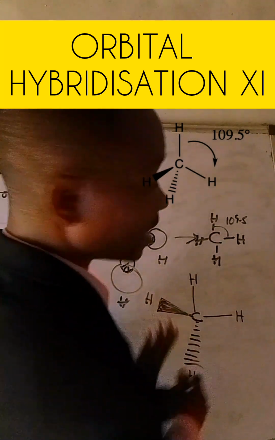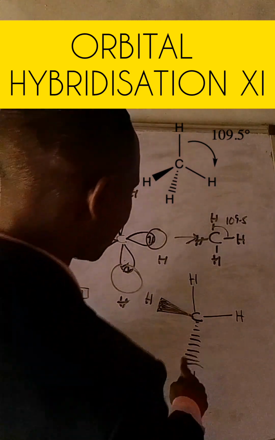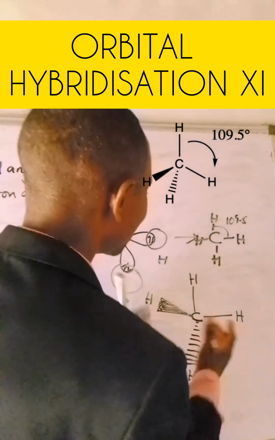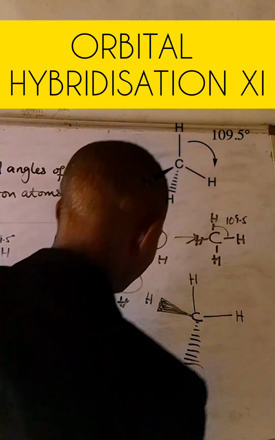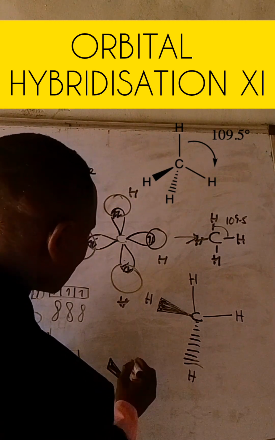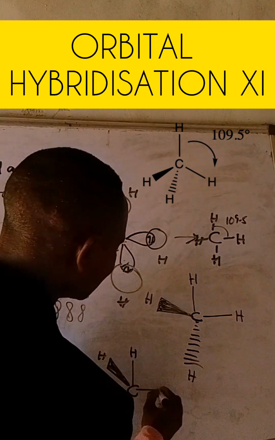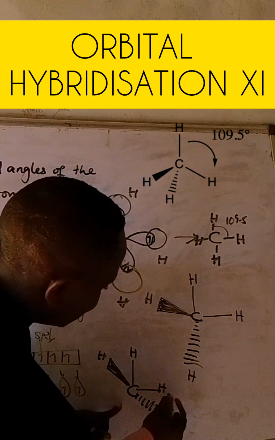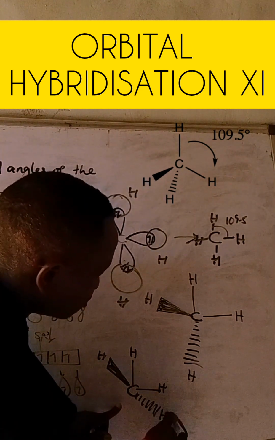And the arrangement is in a way that all these electrons, there's what is called electron repulsion. They cannot pile up on one side like this. You can't see something like this because electrons are negatively charged species. You can't see something like this because the distance between this and this is too close.